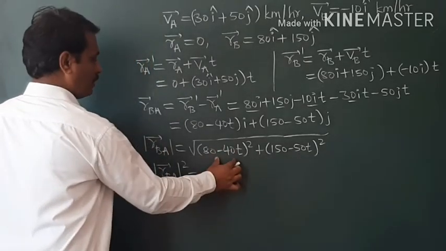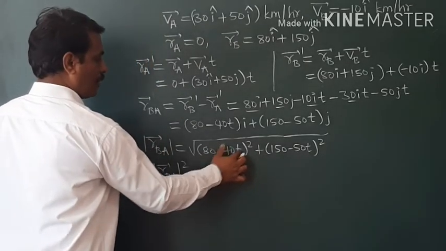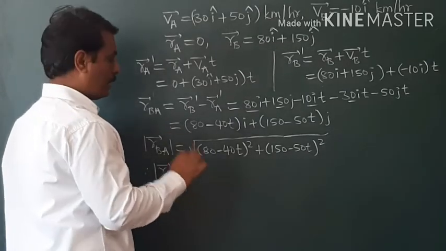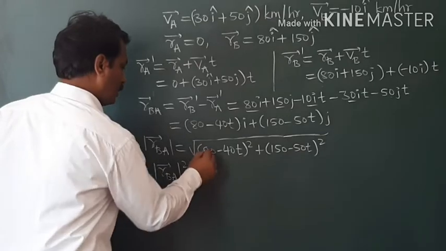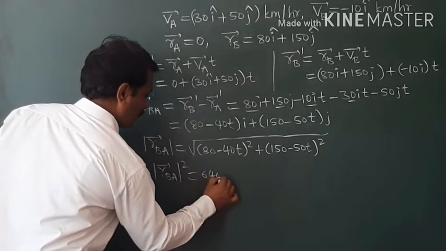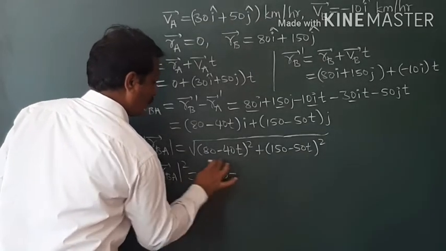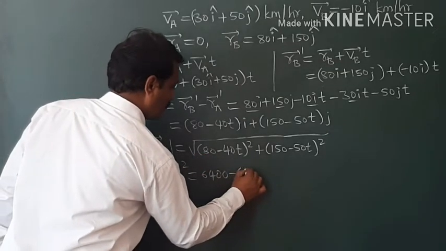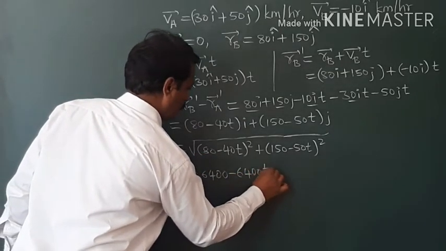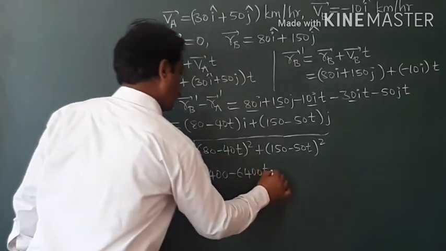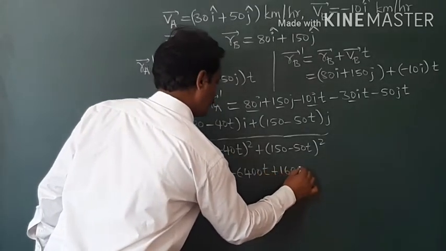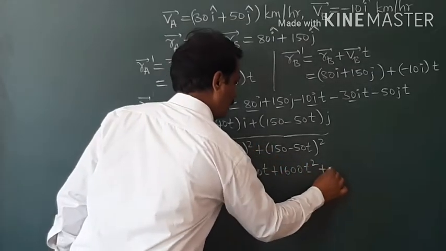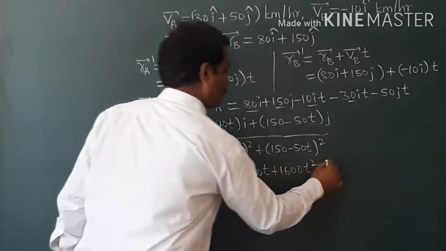Then for the square of this, I will apply the formula (a minus b) square is equal to a square minus 2ab plus b square. So a square is 6400, minus 2ab is minus 6400t, plus b square is 1600 t square.